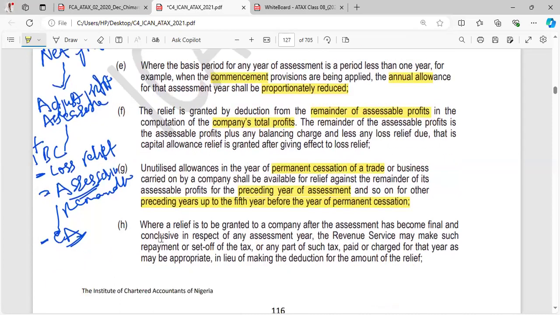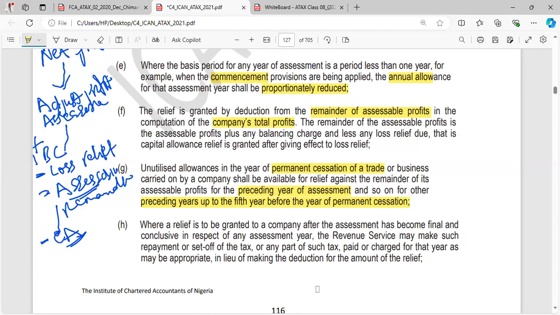Now, where a relief is to be granted to the company after the assessment has become final and conclusive in respect of any assessable year, the revenue service may make such repayment or set off of the tax or any part of such tax paid or charged for that year as may be appropriate in lieu of making the deduction for the amount of relief.